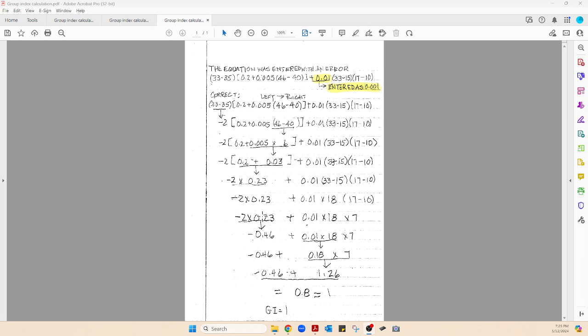Drop down once more, and we keep the same here, plus the 0.01 times 18, now times 17.